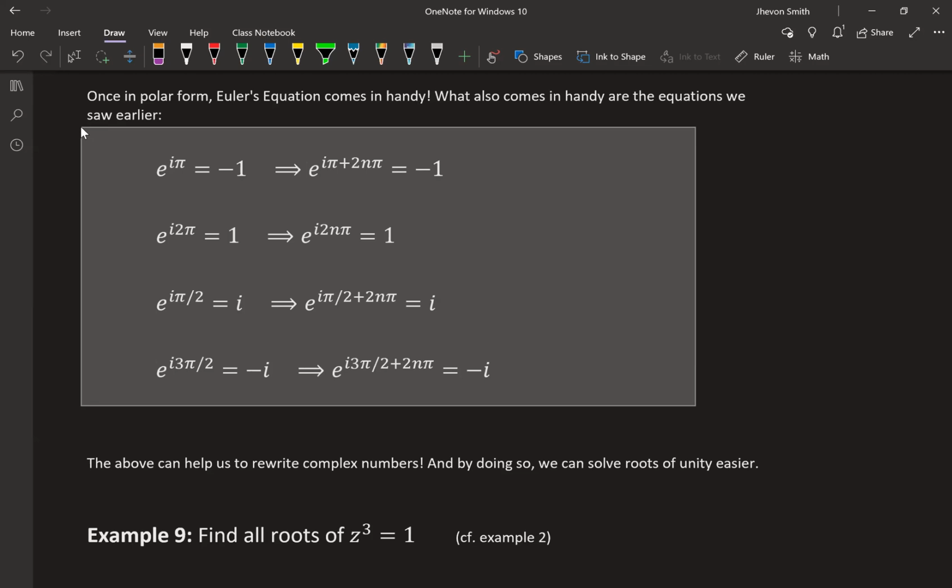So I can think of the number 5 as the number 5e^(i2nπ). If I want to think of the number minus 5, I can think of it as 5e^(iπ+2nπ). If I want to think of the imaginary number i, that's e^(i(π/2+2nπ)). If I wanted to think of the number 7i, well, I could think of it as 7 times e^(i(π/2+2nπ)), etc., right? So I can build up any complex numbers from these basic elements. So that's why these are important, and I have them here.